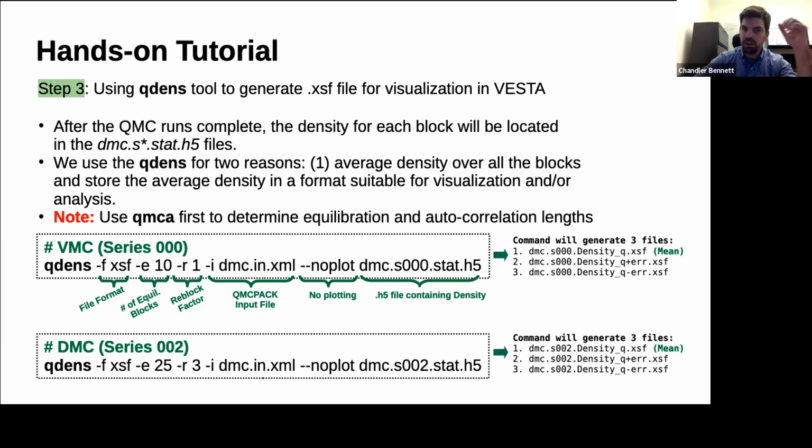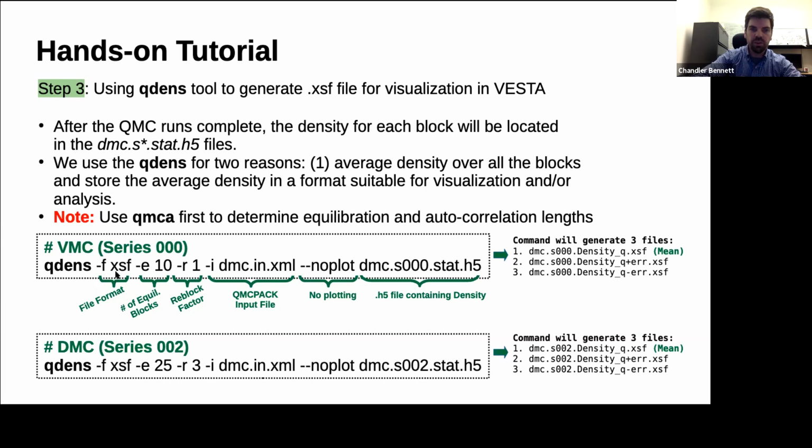Well, before you start to run QDens, what you want to do is run QMCA first on your VMC and your DMC results to get the equilibration and the autocorrelation lengths, because QDens will be able to use those when it's constructing its average. And so after you have those quantities, I'm showing an example here where the call to QDens is made for the VMC, which corresponds to series 0.